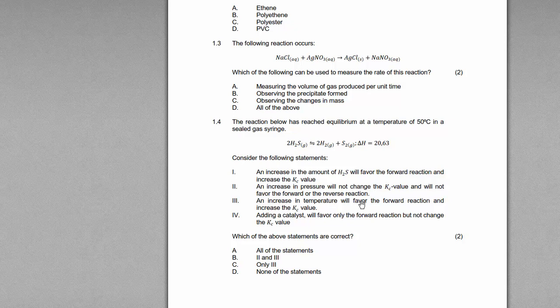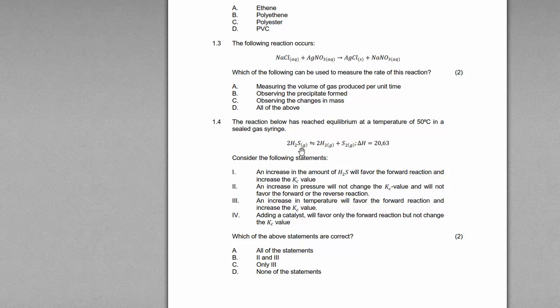An increase in temperature will favor the forward reaction and increase the Kc value. Will the Kc value increase with the temperature increase? Well, it depends on which side is favored. An increase in temperature will favor the forward reaction. Now we need to look at the heat of the reaction. This is positive. Okay, change is always final minus initial, which means there is more energy in the products than in the reactants, which means in order for this to balance, we need to add energy to the reactants.